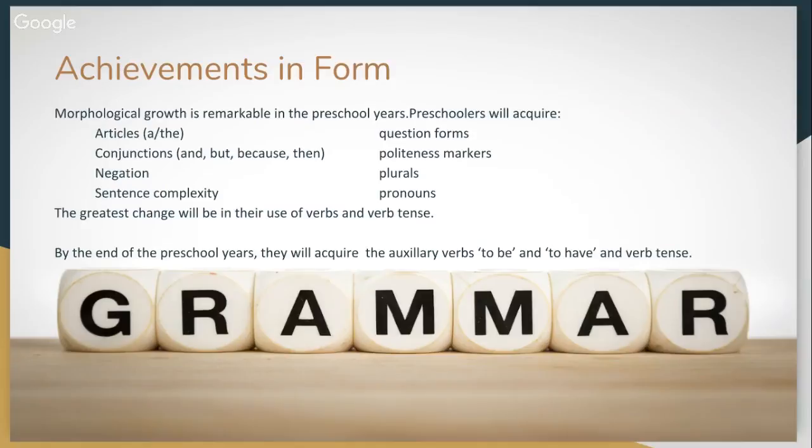Sentence complexity includes the addition of these things through question forms. They learn to not just use inflection, I go outside, but they learn to ask, can I go outside? Can I have one? And they learn to put the can in first. They learn politeness markers. I can have a cookie, please.